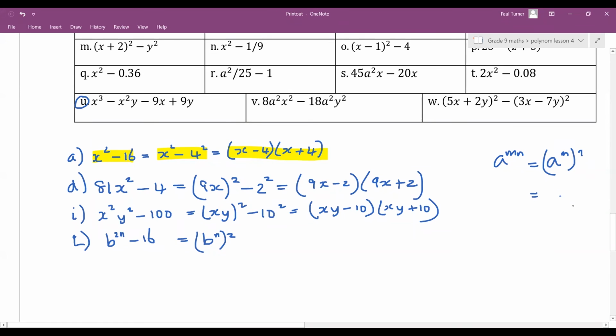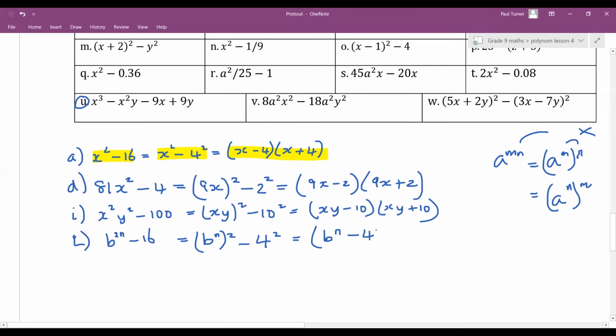Doesn't matter which one goes where. You can have n on the inside and m on the outside. It's the same thing because they're multiplied. These numbers are multiplied to give mn. So I put the 2 on the outside because I want to have a square. And 16 is 4 squared. So then you're going to have b to the n minus 4.